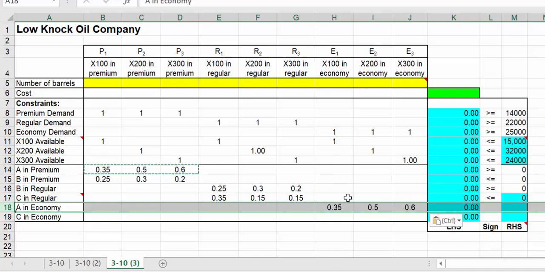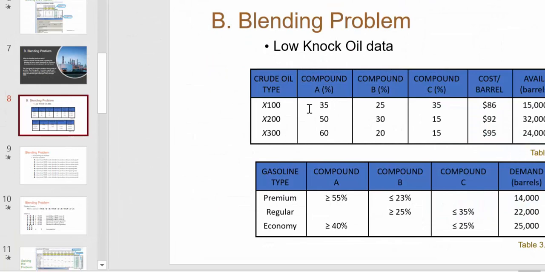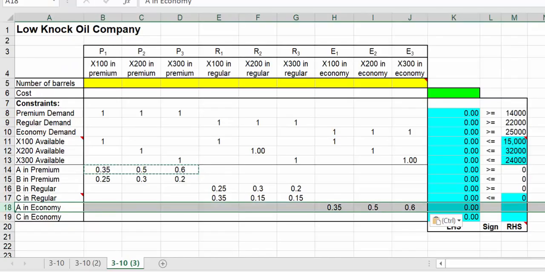So again, just to verify, 35% of X100 is compound A, 50% is compound A in X200, and 60% of X300 crude oil is compound A. Now the other one is compound C in the economy.